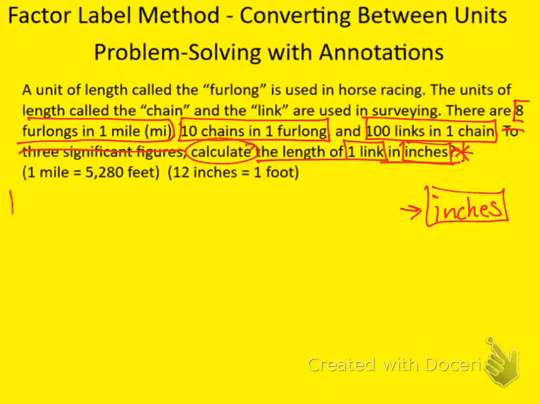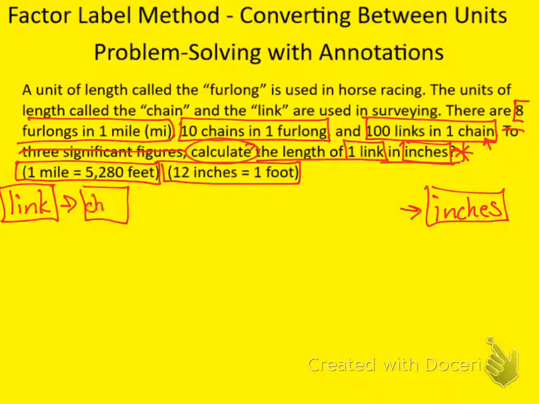And I'm starting in links. So before I'm going to try to solve anything, I'm going to make my plan. Okay. Notice that we also have some additional data down here in the form of conversion factors that we can use. So from link, I can get to chains. From chains, I can get to furlongs.